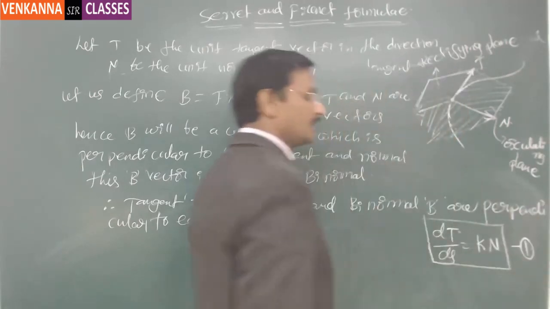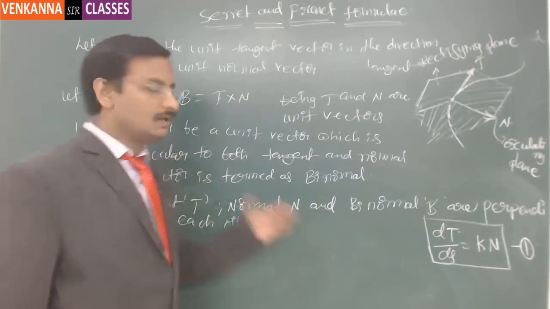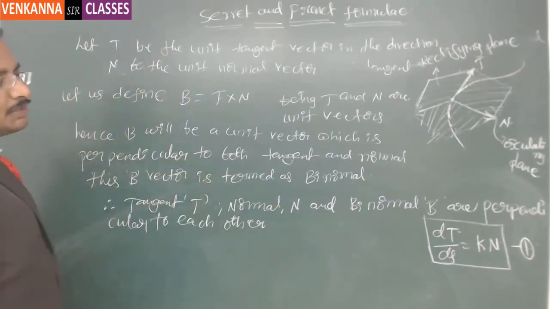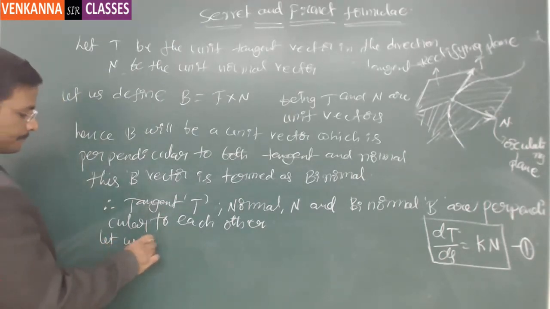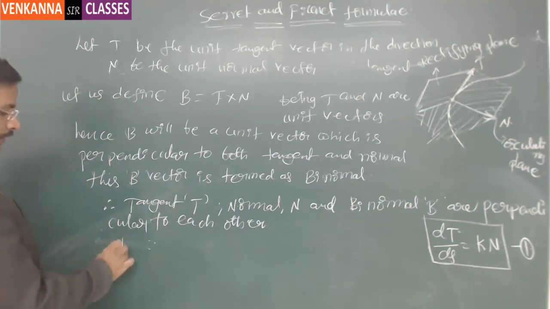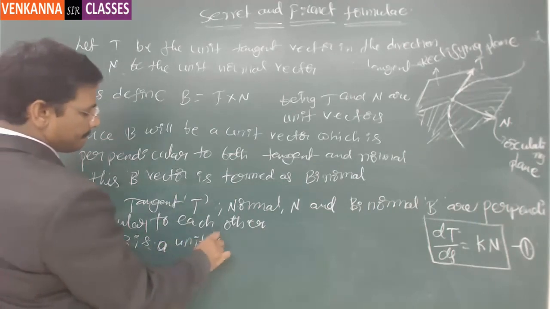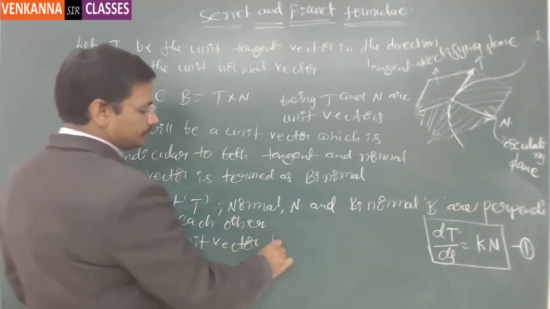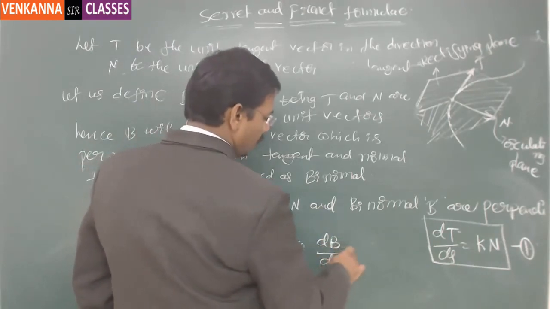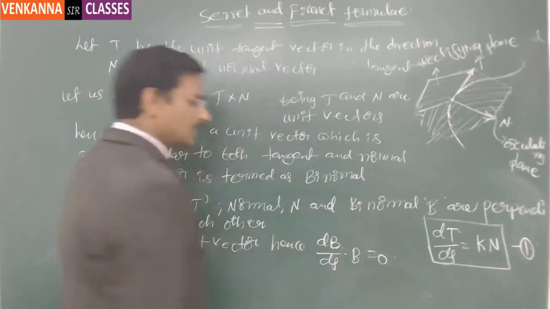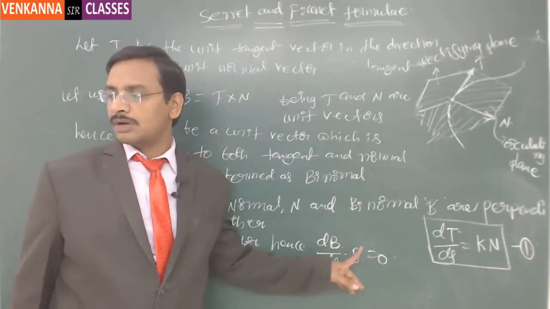Now we calculate dB by ds, and from there we calculate dn by ds. Because dt by ds is equal to kn, let us consider that B is a unit vector. Hence dB by ds dot B is 0. That means these two are perpendicular to each other, because the dot product is 0.